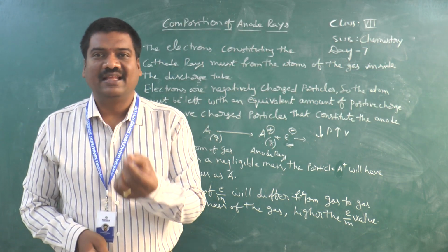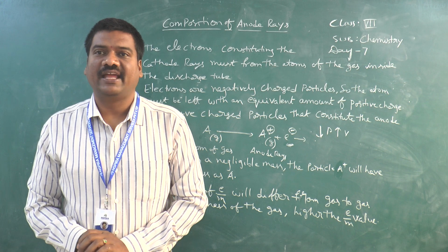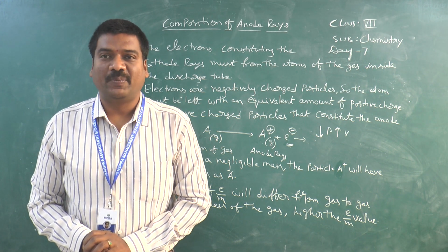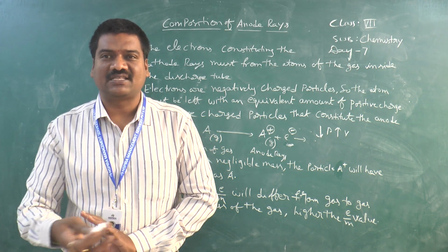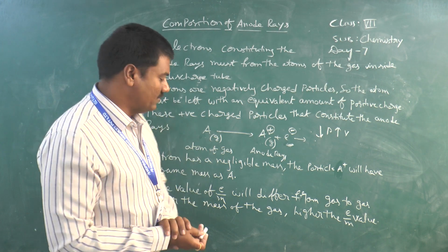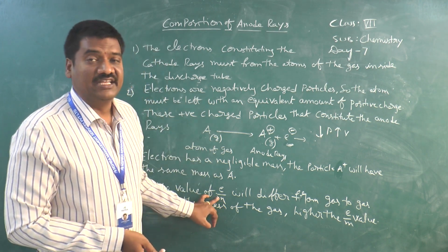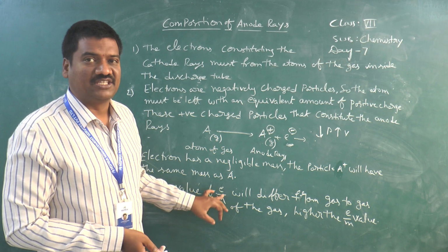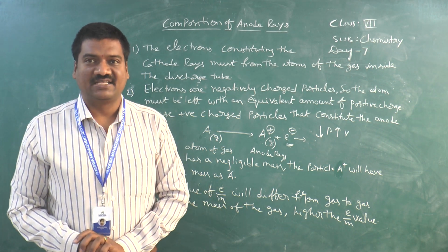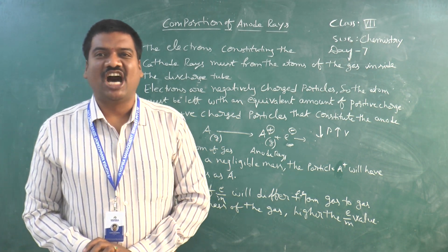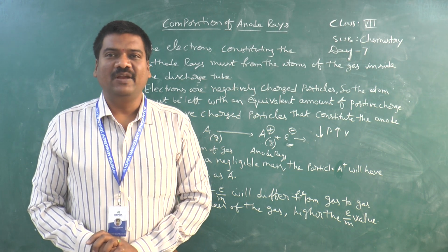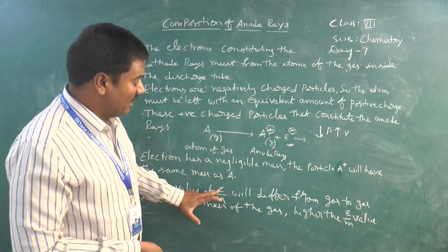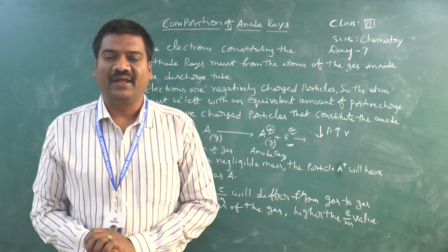If you use a high mass gas particle, the denominator is high, and the charge by mass ratio will be very low. Generally the charge by mass ratio depends on the gas we take. Thank you.